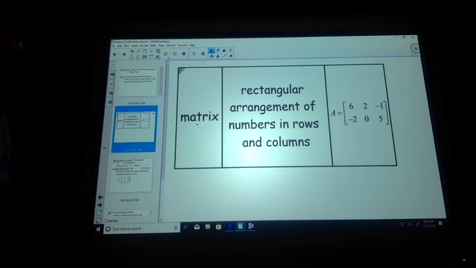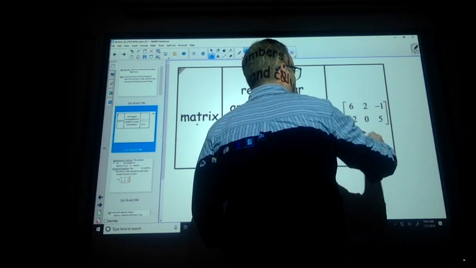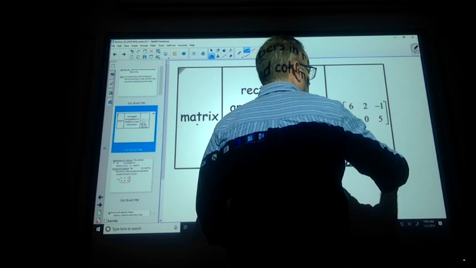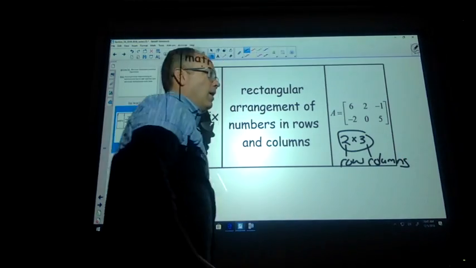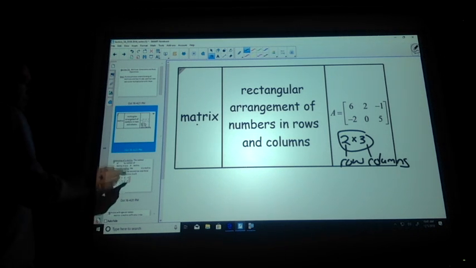So the dimensions, if we were to name this matrix, this would be a 2x3 because I have 2 rows and I have 3 columns. The 2x3 doesn't have any numerical value other than that's how you would name the matrix. You name it by the rows and columns. Okay? So that's the ins and outs of that so far. Can I move on? Yeah.